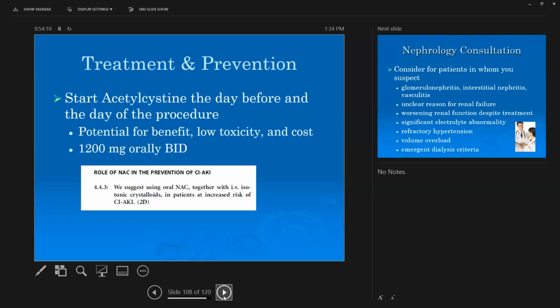It used to be, probably from the early 2000s to around 2008, 2009, that anybody at risk for AKI was pre-treated with NAC. We all got on the bandwagon, and it was almost herd mentality. Then we started looking at the literature, saying it doesn't hurt, but we don't know how much benefit it is. So then the pendulum came back this way, and now we're kind of coming back more to the middle.